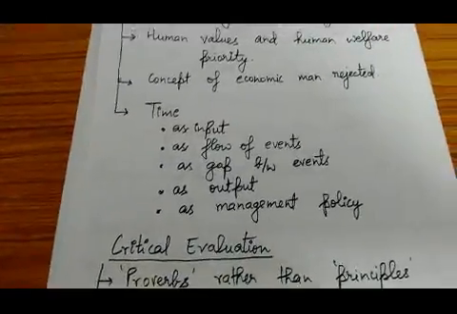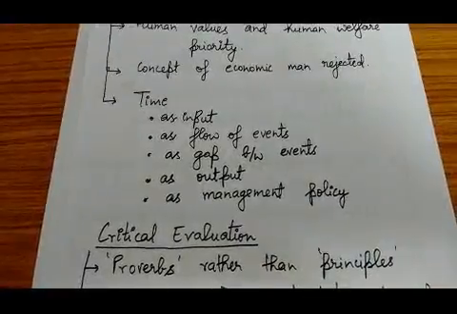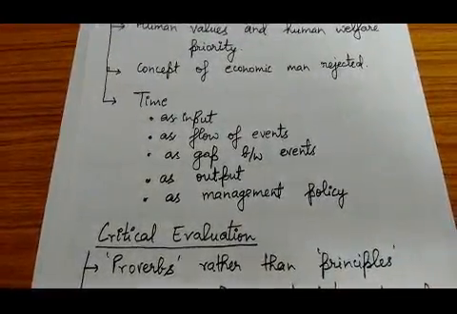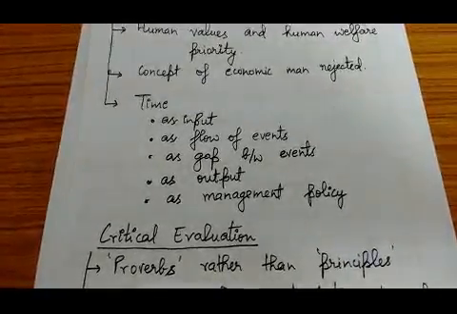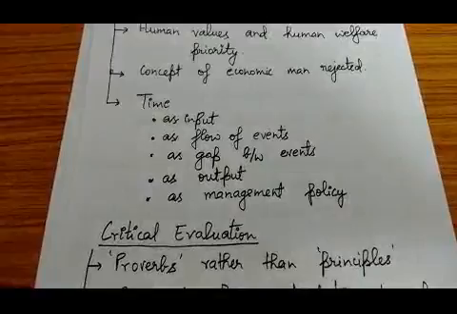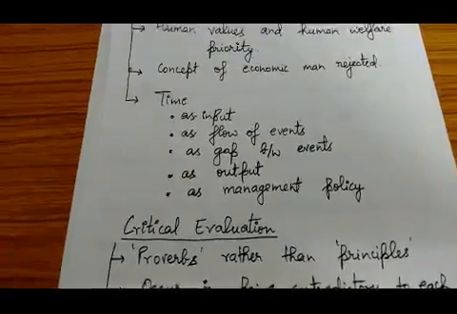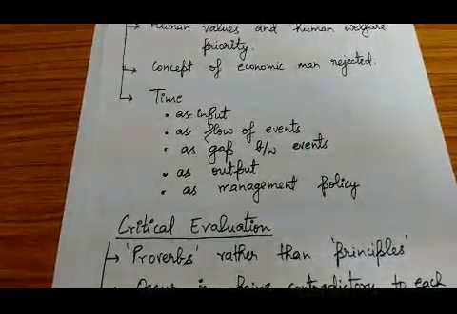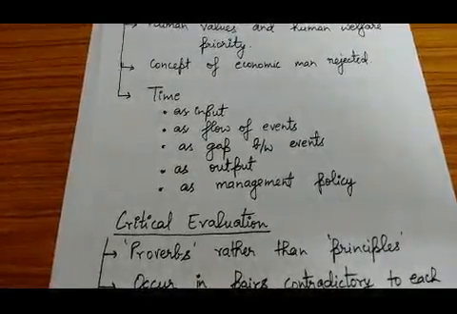Then for time he says that you have to take care of time as input, flow of events, gap between events, output, management policy. So timing of any public policy is very important. For example, I will tell you one example from a real situation. When the Hindu Code Bill came in 1955, Nehru brought it.